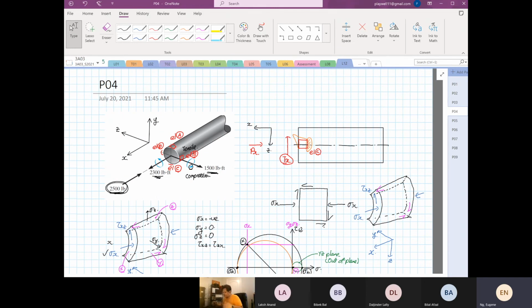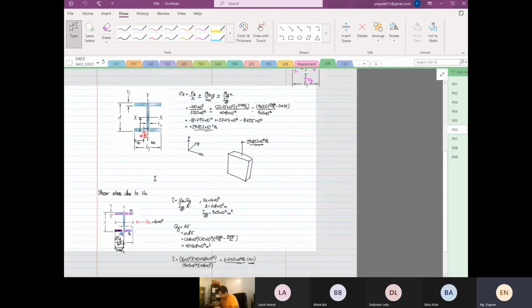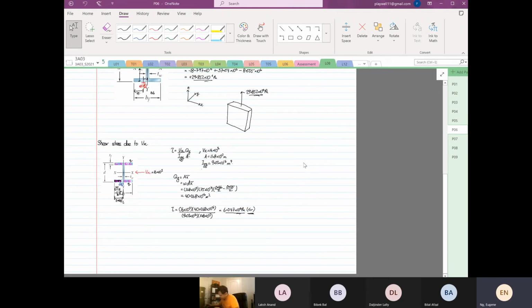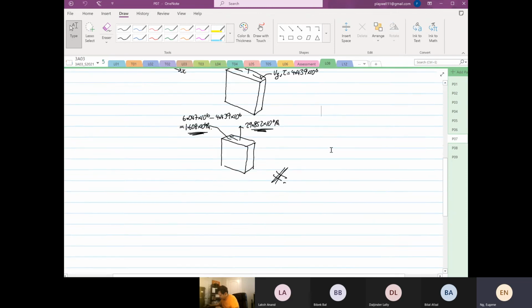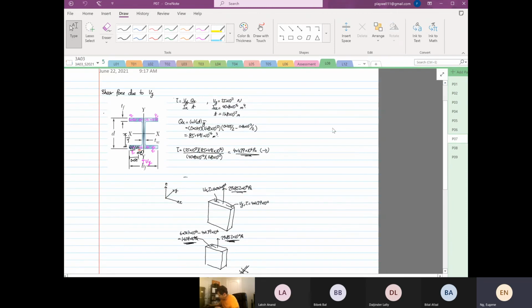It gives you the moment, it gives you the torque, it gives you your bending. Remember we did this, right? We calculate the stress state, we calculate everything. So it can be problems like this.